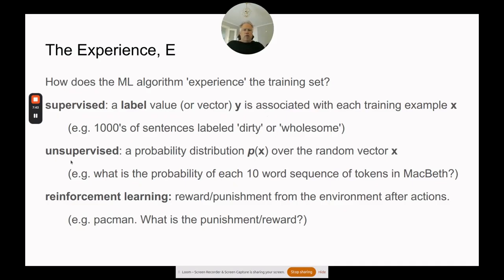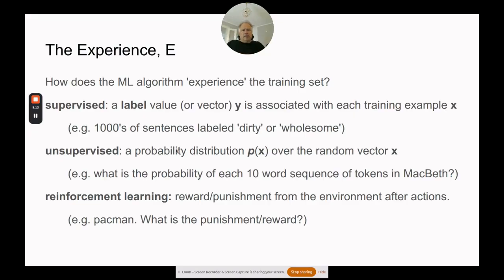Okay. Now with unsupervised learning, what it's given is just a whole bunch of samples over some type of probability distribution. So for instance, if we have Shakespeare's Macbeth, we have a whole bunch of 10-word sequences that we can window across that whole data set.